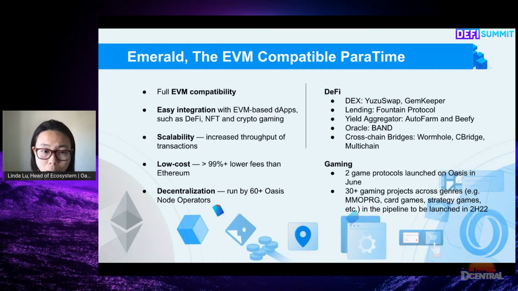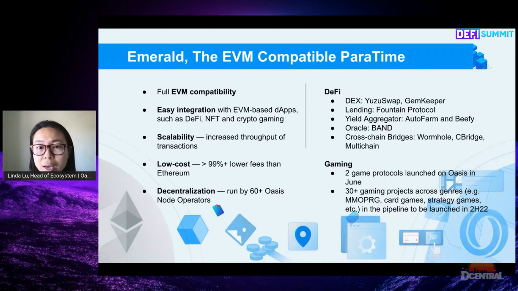It's scalable and low cost, the gas fees on Emerald are 90% lower than Ethereum, and it's fully decentralized. It's currently run by more than 60 Oasis node operators, compute nodes on the network.